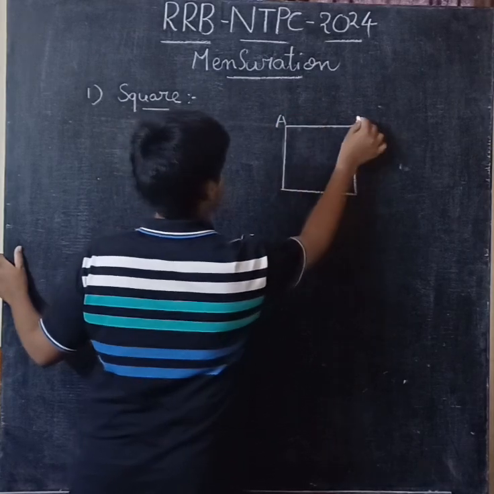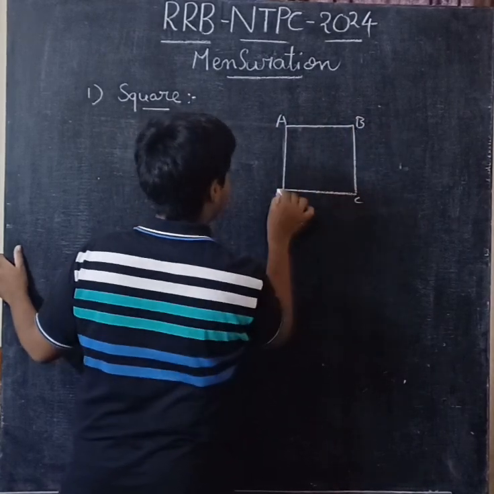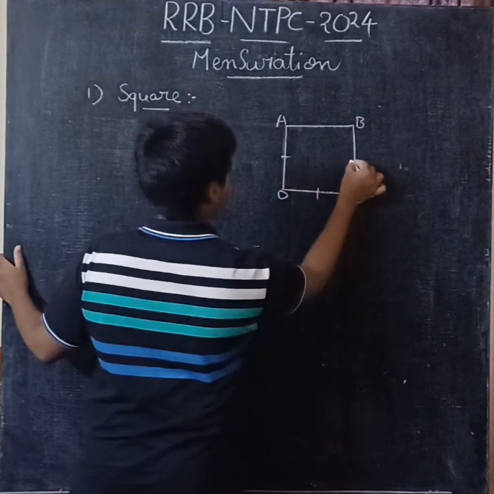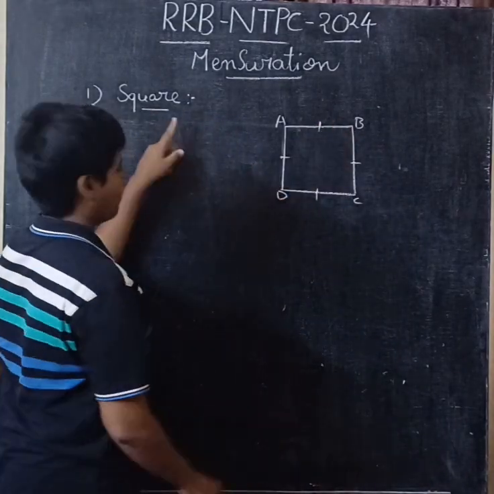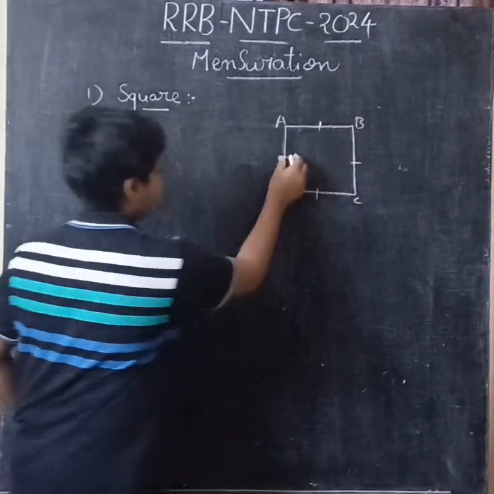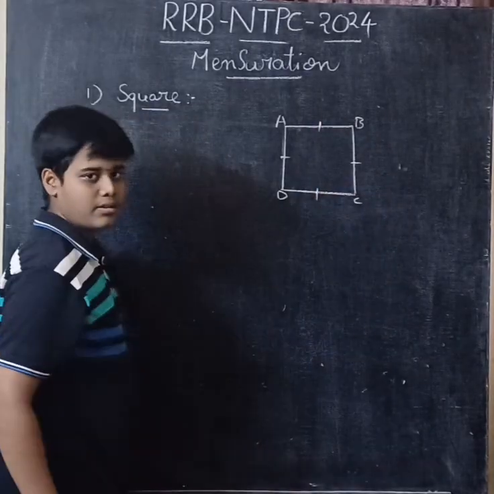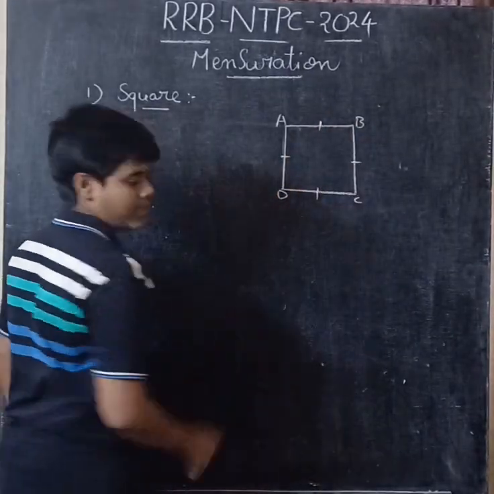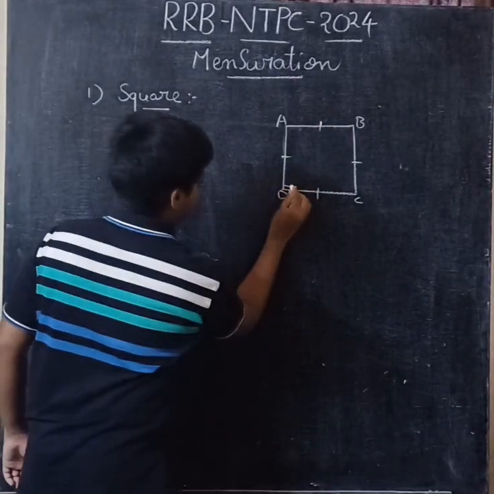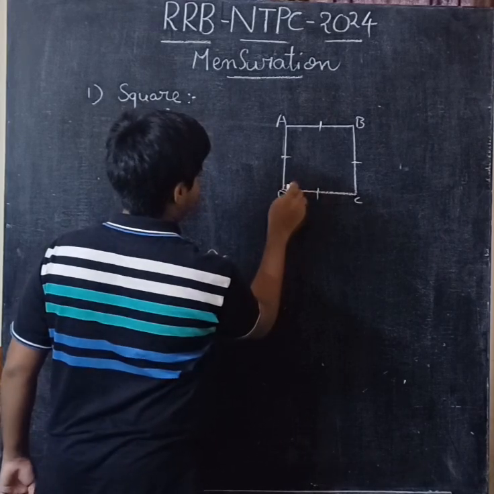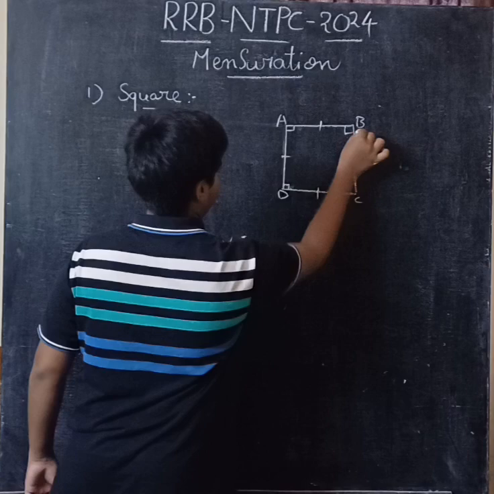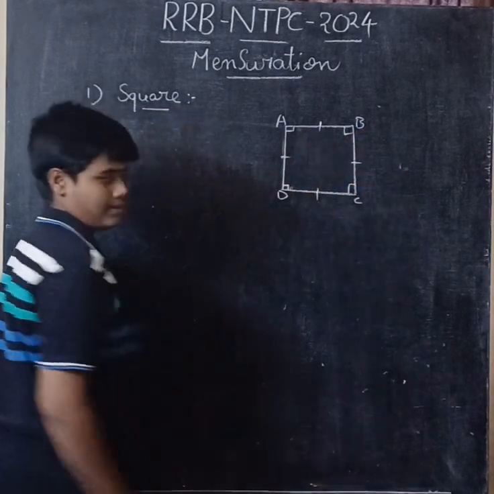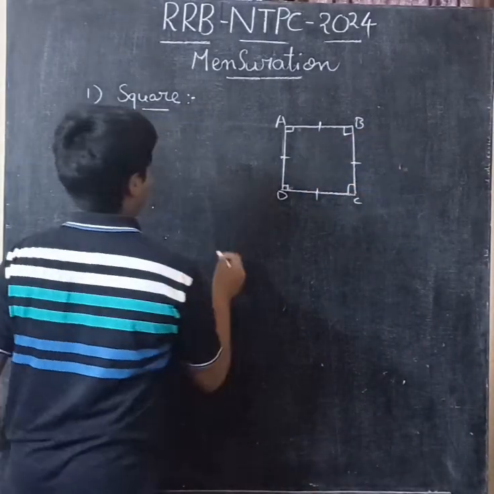I am naming it ABCD square, and it has four sides of the same length. All these sides are the same length, and 90 degrees is the angle present between one and two lines.